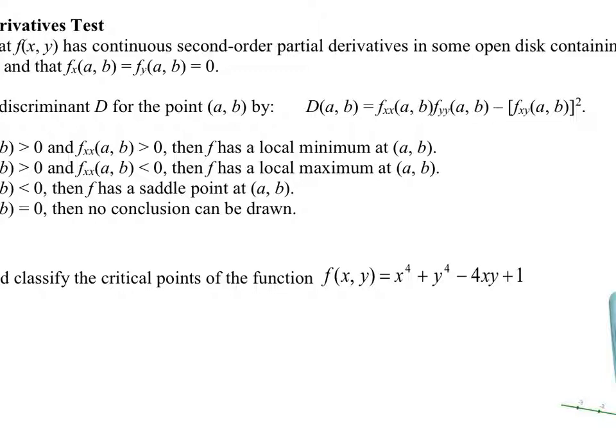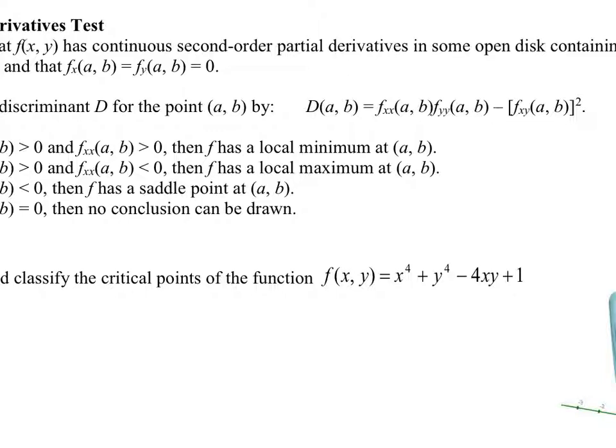Once we get that value, it's kind of like discriminant sort of from quadratic formula, where you have conditions associated with the type of value that you have. If your D is positive, and so is your second order partial with respect to x, then you have a local minimum at (a, b). If only the D value is positive, but the second order partial with respect to x is negative, then it's a local max.